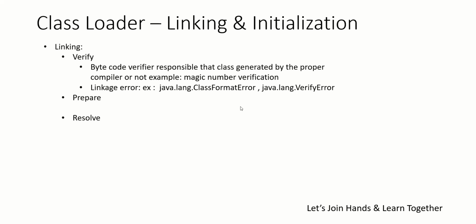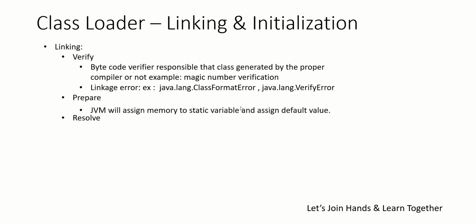This verifier is responsible for identifying whether the class file is generated by a correct or proper compiler or not. That is what it checks and verifies. If it is not correct, then it will give a linkage error or verify error.